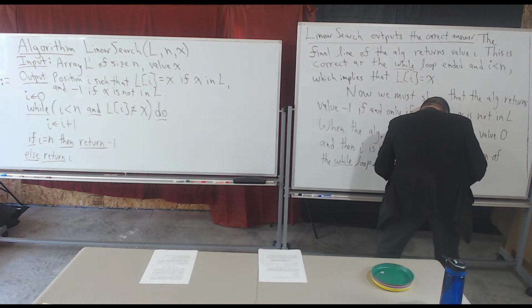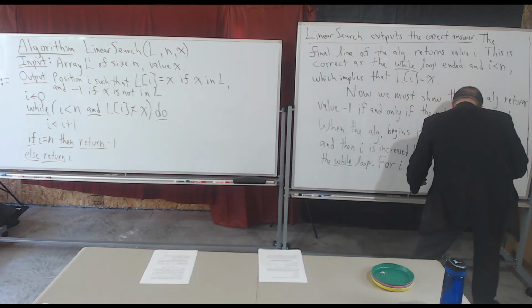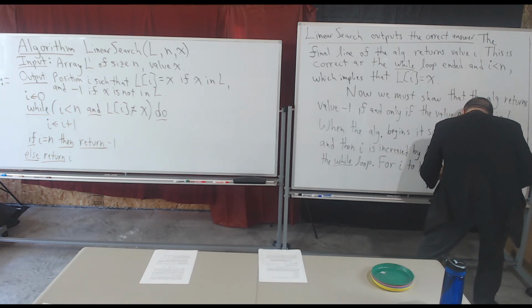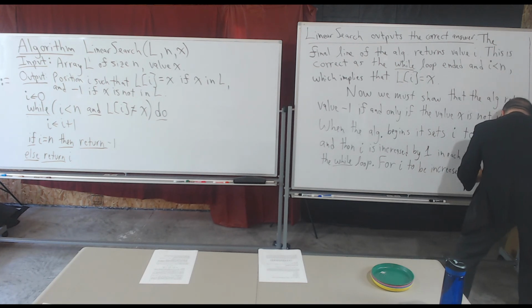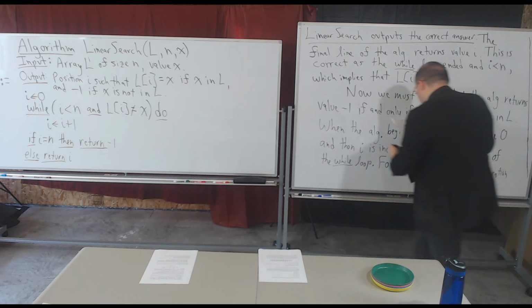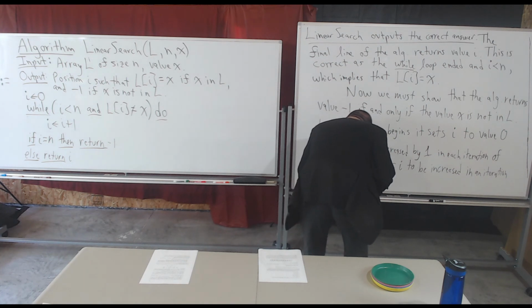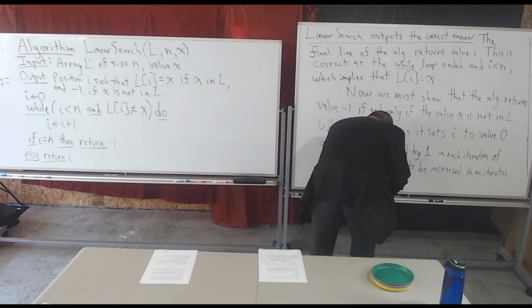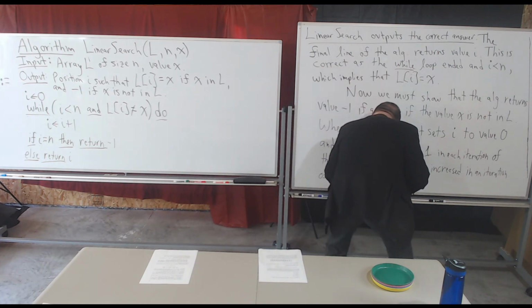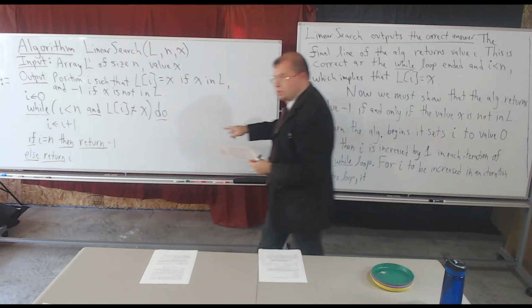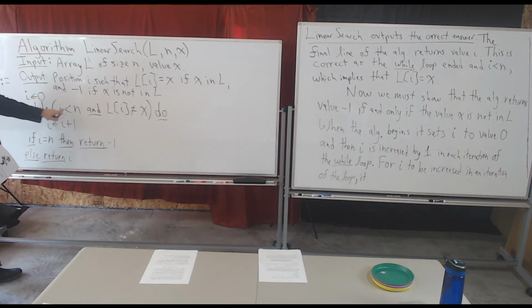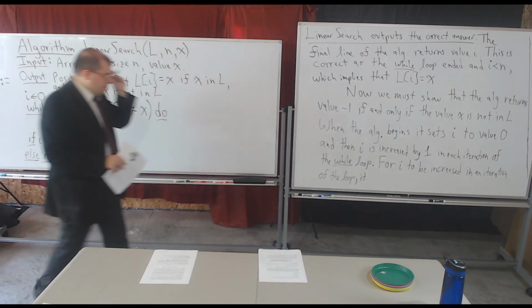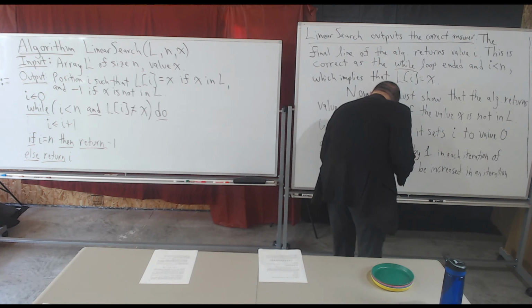For I to be increased in an iteration of the loop, there are two things you need to observe here. For this loop to continue executing each iteration, it must be that both of these are satisfied. That's going to be a main observation here.